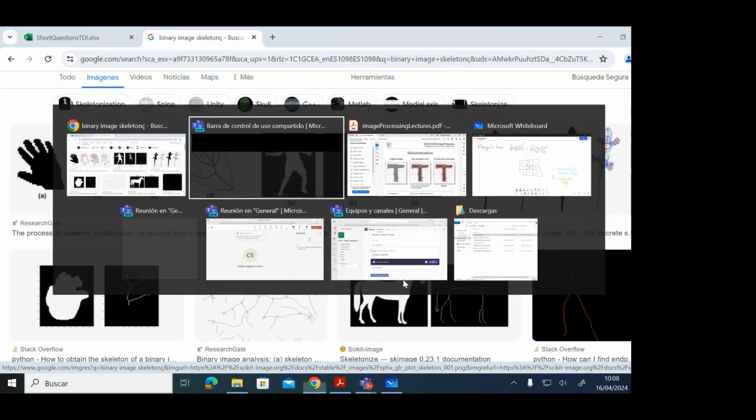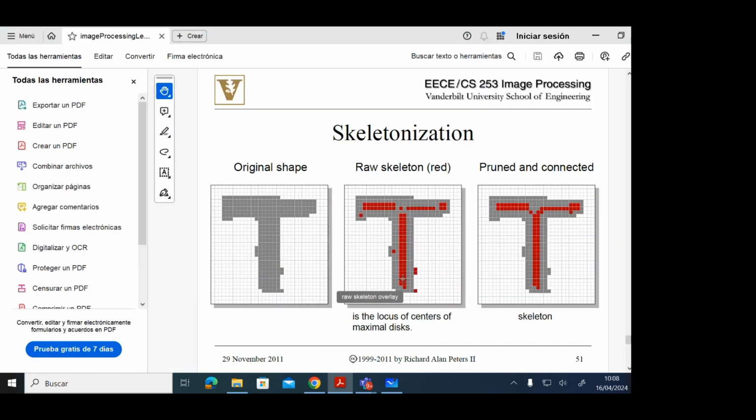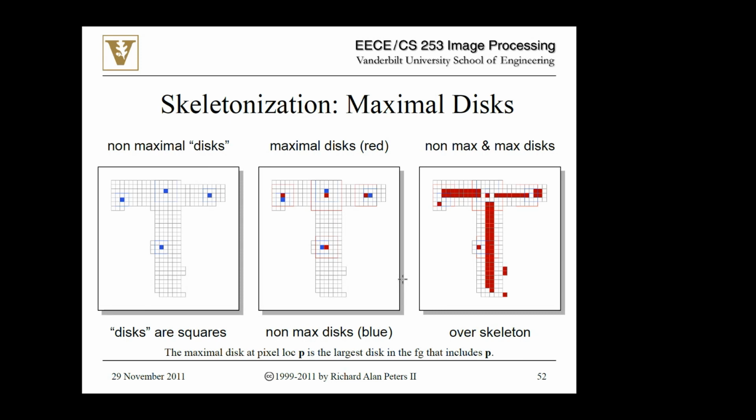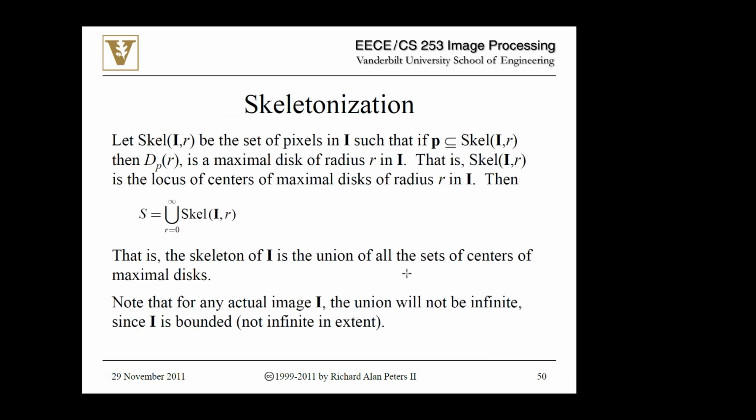Okay, so how to do that? It will be defined in this way. The skeleton is the union of an operator that is the skeleton with radius r.